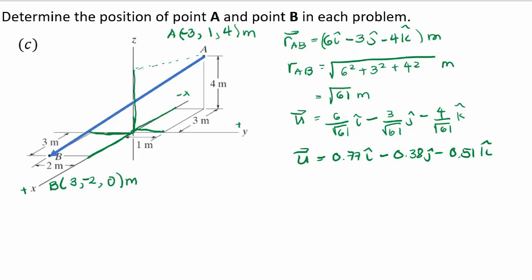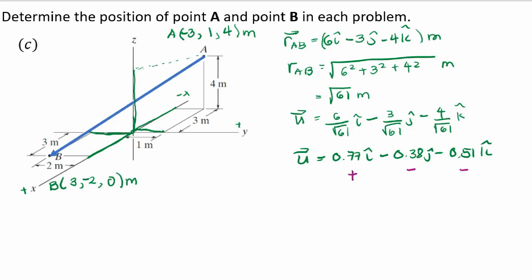Now, before we proceed to the next part, if you observe, our unit vector here is positive on i, negative on j, and negative on k. I taught you last time that whatever the sign of the unit vector, that is also the sign of our vector. So that is positive i, negative j, and negative k.